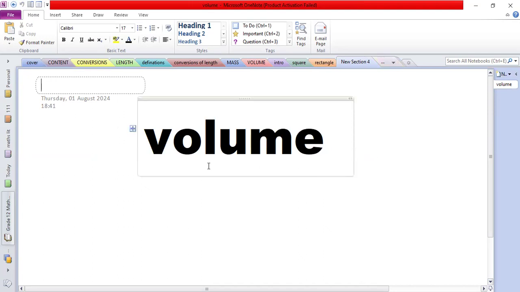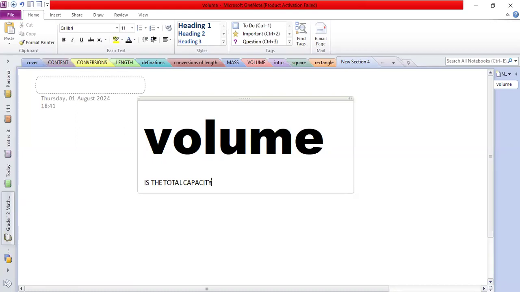Class, come back here on a white page which says volume. Volume is the total capacity, or the capacity. I'm just making it sound well when I say total; it does not even have to be total.